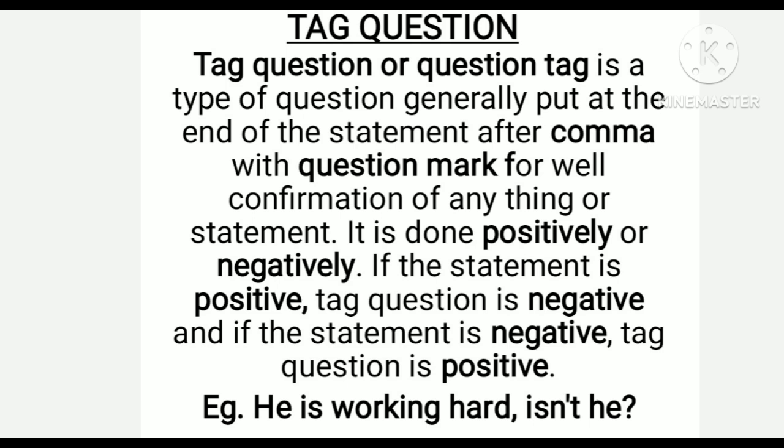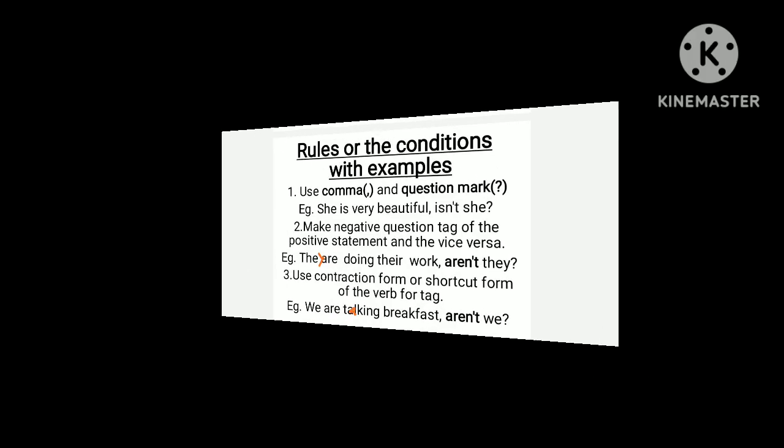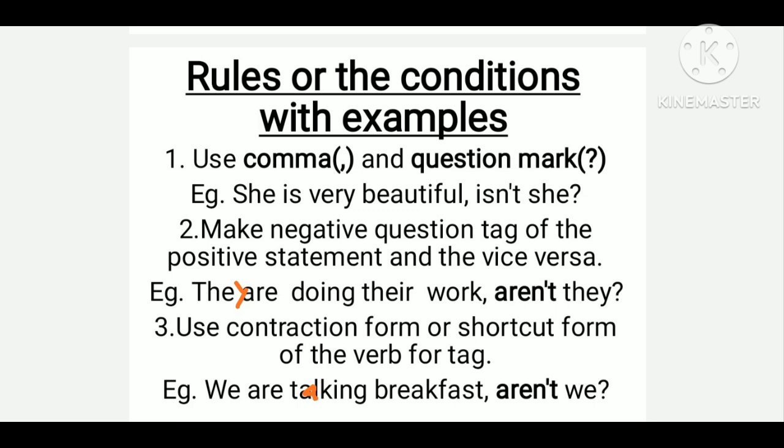Surely there are so many conditions or rules of tag question. So let's see what are the conditions or some of the situations to make a tag question. In number 1, use comma and question mark. For example, she is very beautiful, isn't she?